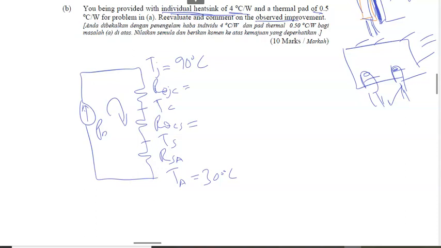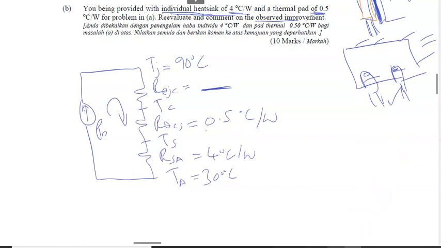So here we have 4 degrees C per watt, and RJC here, and this one, the heatsink provided. RCS here, thermal pad 0.5 degrees C per watt. RJC is available in your data sheet.